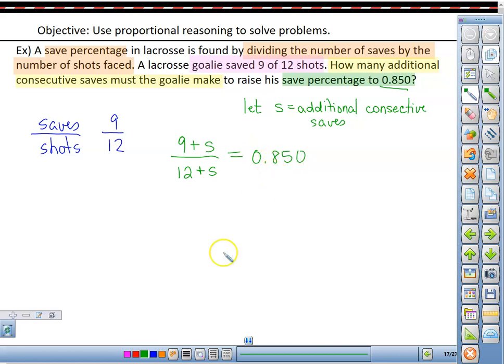And yeah, you could just write 0.85. So then we are going to, again, our lowest common denominator is the only denominator we have, which is 12 plus S. So we're going to multiply both sides by 12 plus S.